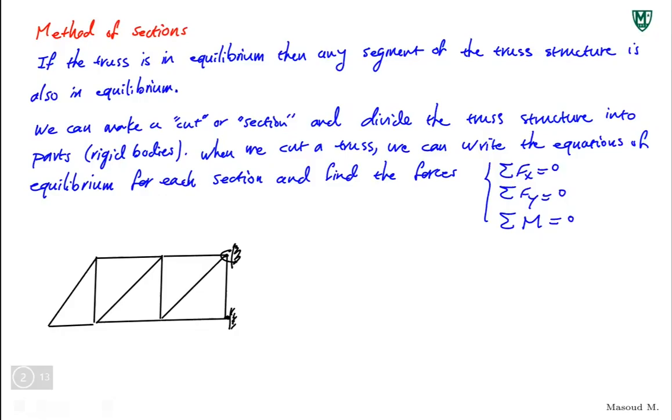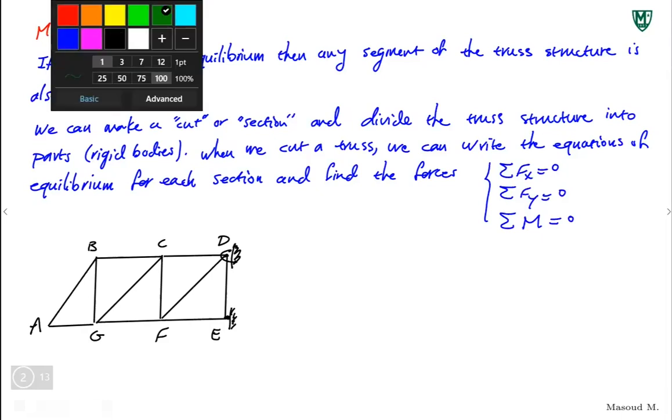If I want to put names, let me follow the notations I have: A, B, C, or maybe not exactly, that doesn't really matter. C, D, E, F, and G. Let's assume that we have all the dimensions for each member.